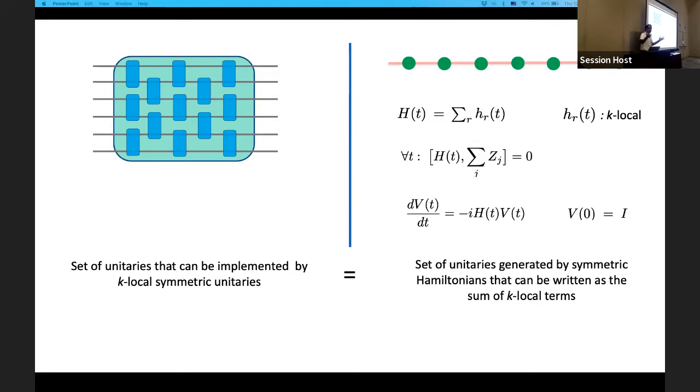So this family of unitaries is basically equal to the set of unitaries that can be generated by k-local U1-invariant unitaries. So by studying this problem, we are also studying systems that are evolving under local Hamiltonians.